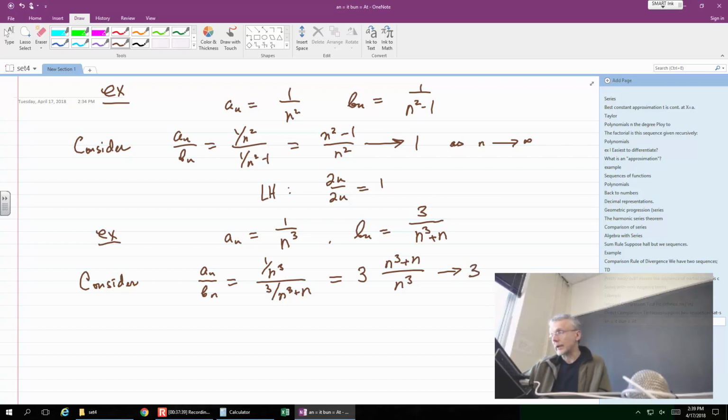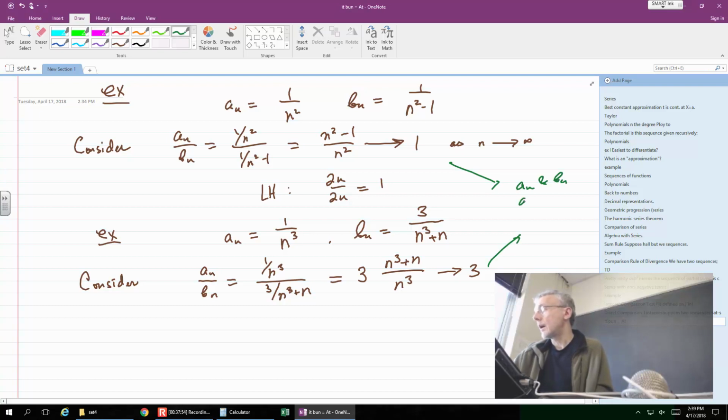Yeah, the limit is 3. That's right. As you can see, the conclusion we draw is exactly the same. In either case, the conclusion is a_n and b_n are similar.